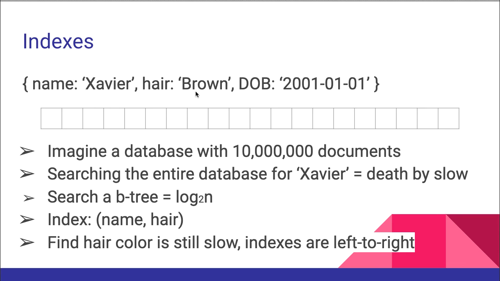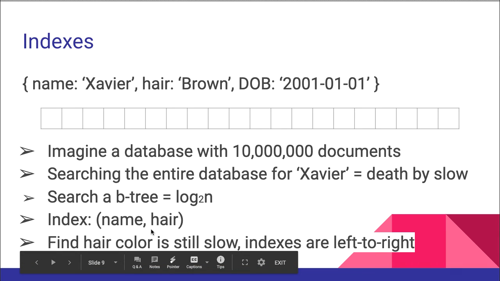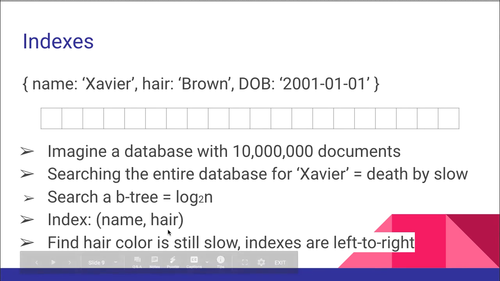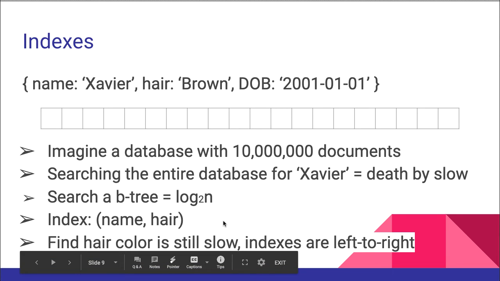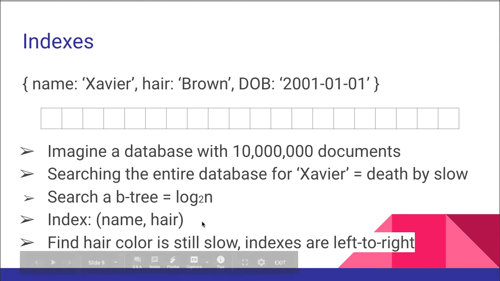But I cannot find all the people with brown hair using this index any faster than linear search, right? Because I created the index first on name and then on hair color, if I'm just looking for hair color, this index doesn't help me at all. So indexes have to be focused on one thing first.